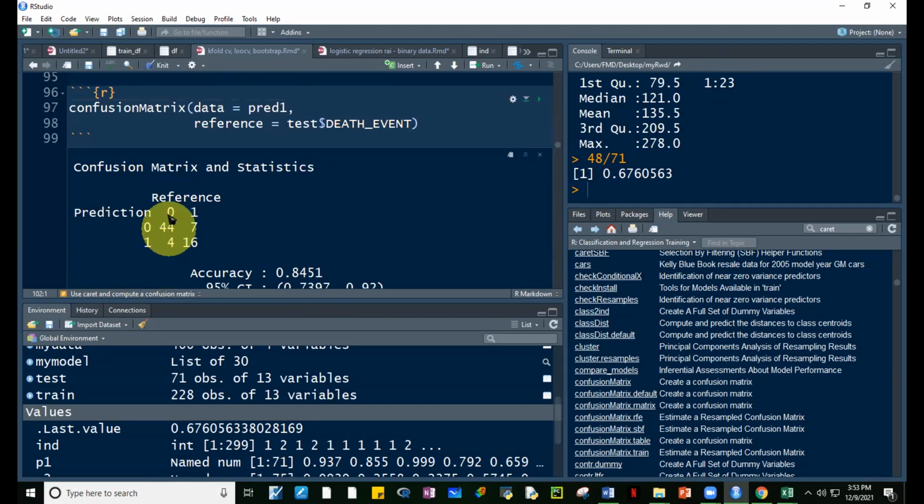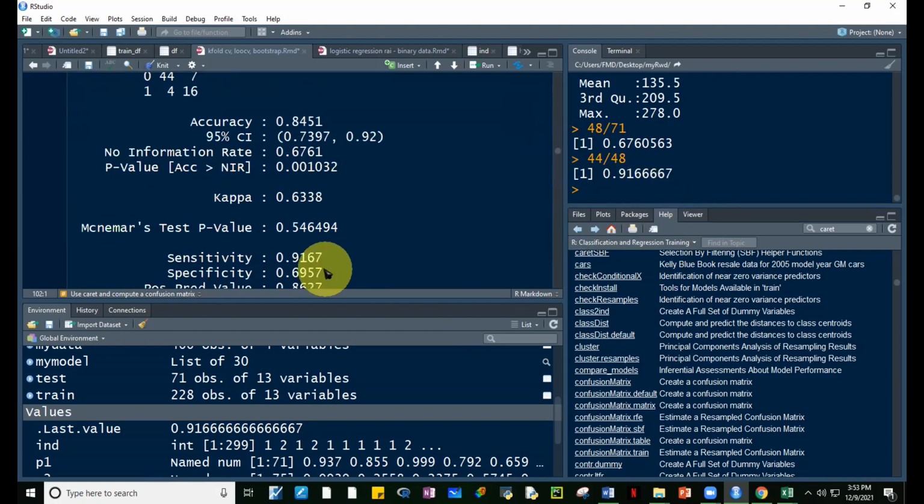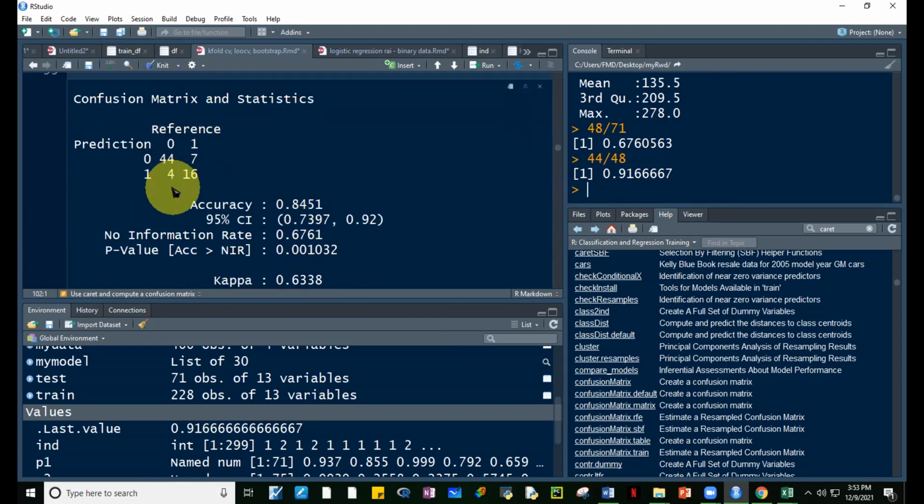Ito, di ba? 44 divided by the total, divided by 48. So 91.67%. Ito yun. Yan ang sensitivity. Okay, so etc. I want you to look into that.